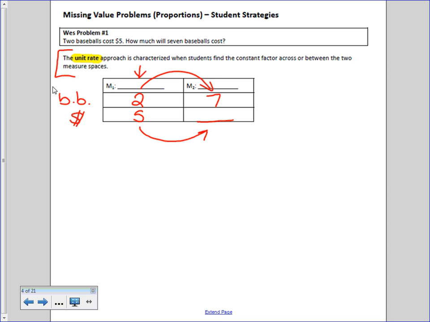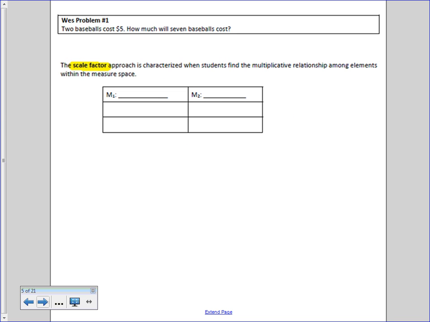So to do that, I'm going to go backwards, and I'm going to do 7 divided by 2, and I know that that's 3.5. So 2 times 3.5 is going to give me the 7 baseballs, and if I do that on the top, I'm going to do that on the bottom. 5 times 3.5 gives me 17.5, or in this case, since we're dealing with money, $17.50.